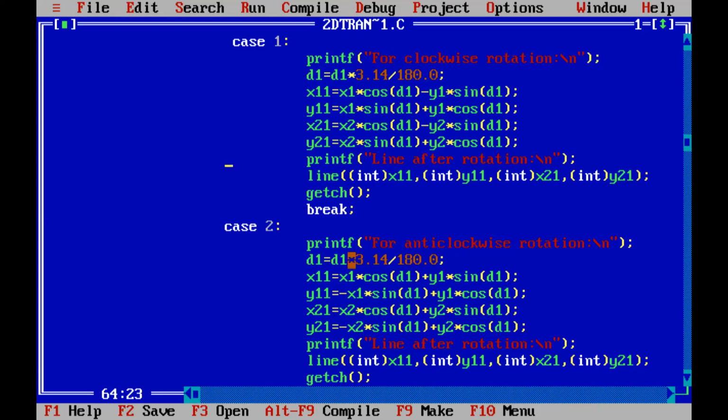For anti-clockwise also, you have to convert the angle from degree to radian, then use that radian angle to calculate x11, y11, x21, y21, and then display the result by using the line function. Okay, is it clear? Yes, students?